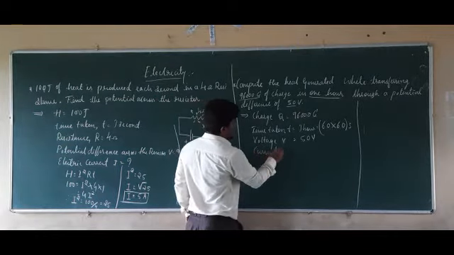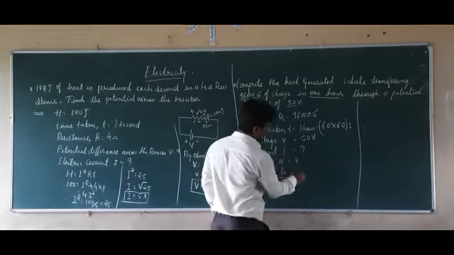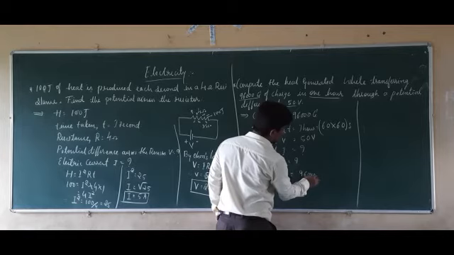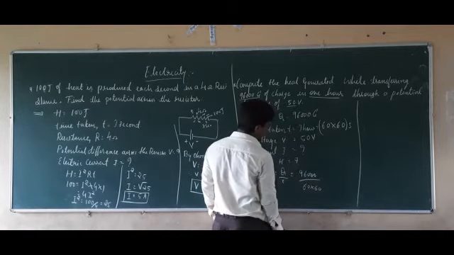So first we have to calculate I. How are we going to calculate I here? We already know the formula for I from the first class, that is I equals Q by T. So I equals Q by T, which is 96,000 divided by 60 into 60, since time is 3600.